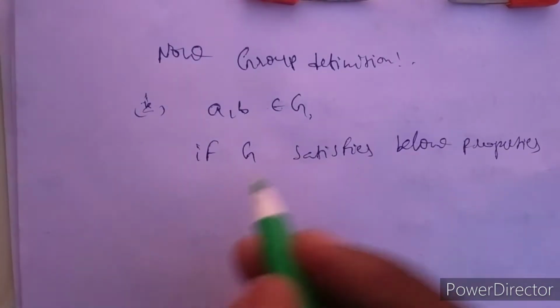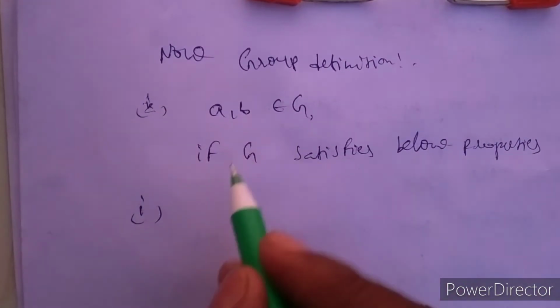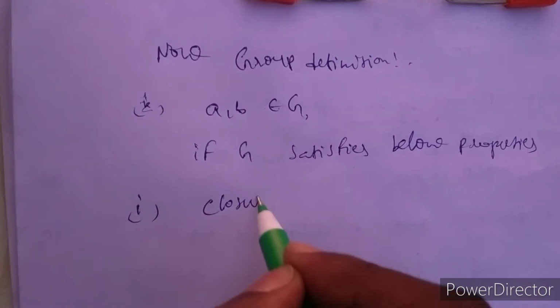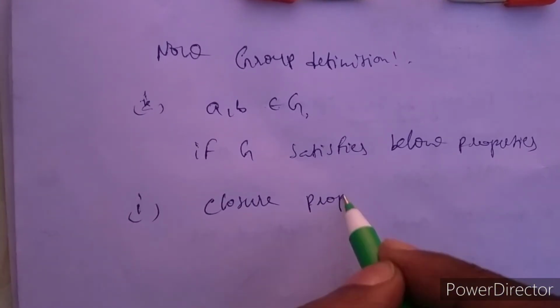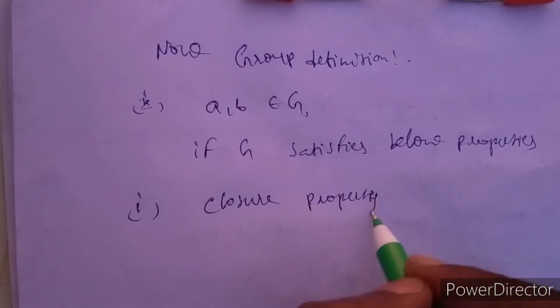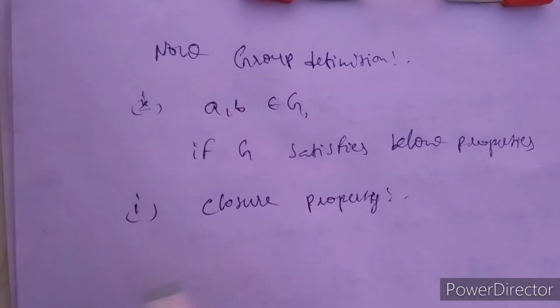What are the properties? First one, closure property. What is closure property?